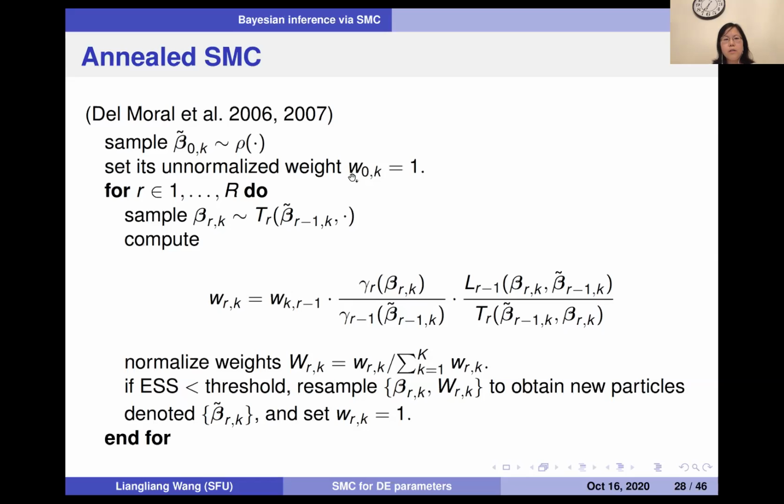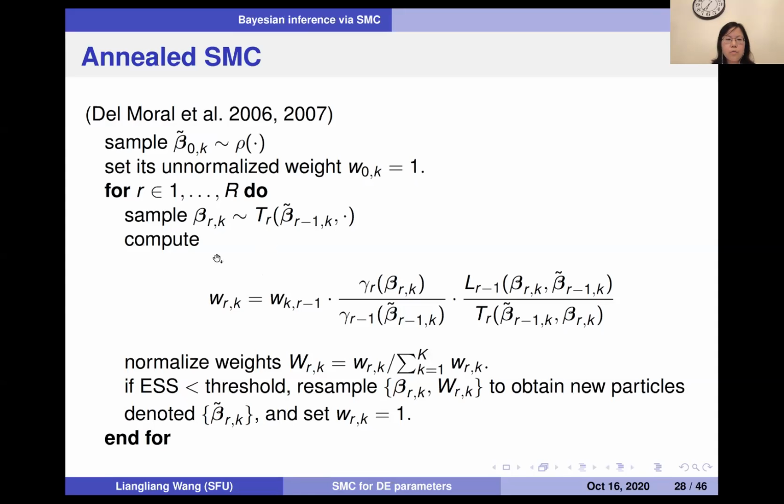Initially it's set to be 1, and for the next iterations, we use a small r to denote the SMC iteration. For each iteration, we sample our particles using this kernel T sub r, which I will talk about in my next slide.